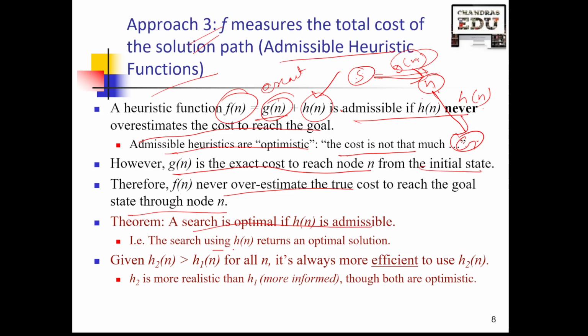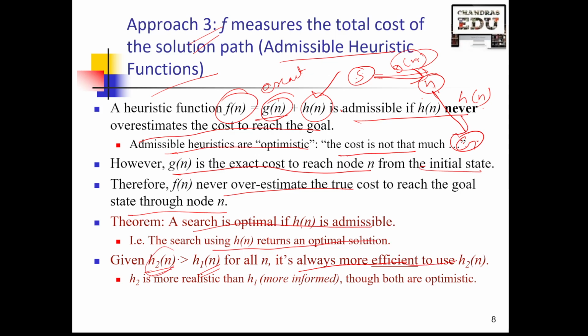The search using h of n returns an optimal solution. As I told, h of n can be any parameter. It can be h1 of n or it can be h2 of n. But if h2 of n is greater than h1 of n, then it is more efficient to use h2 of n.